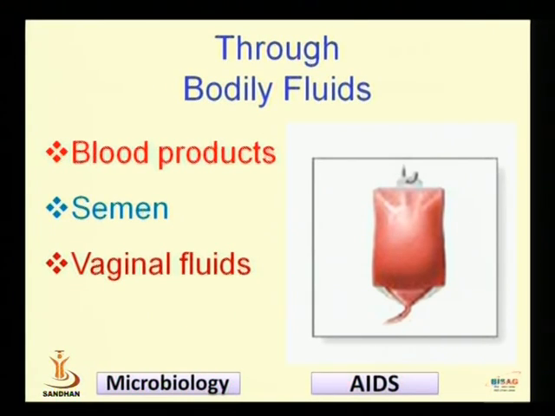These body fluids include blood or blood products, semen, and vaginal fluids. So these three body fluids are of primary concern when we talk about transmission of the virus.